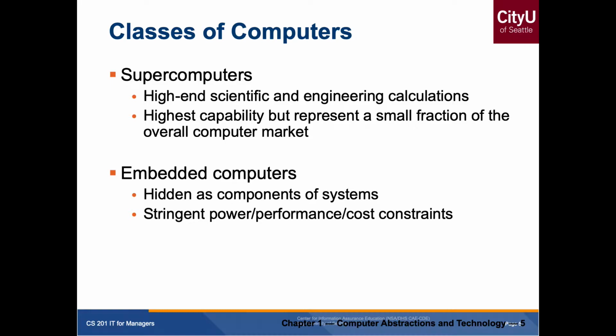Supercomputers are computers that are very big and they use them for very compute-intensive operations, right? Think of it like your quantum computing nowadays. Embedded computers are things where you have a certain computer or system that does a certain functionality only, or it could be part of a subset.